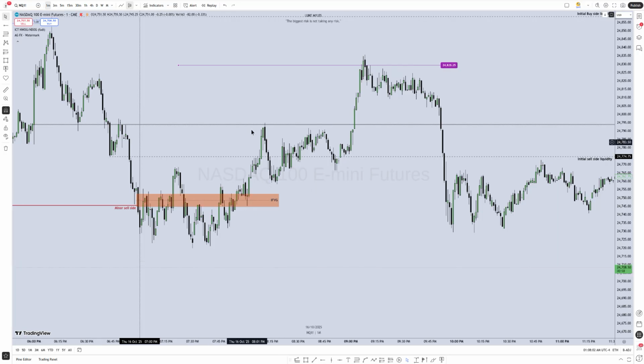So the market rallies higher, we come above initial sell side, we have a fair value gap right here, plus this volume imbalance. I'm going to consider that as one. Now having consequent acknowledgement of that, market drops.